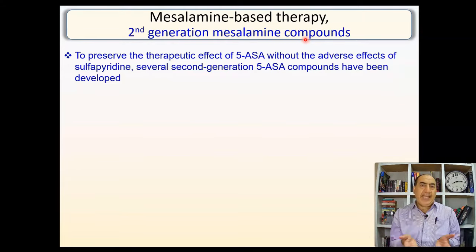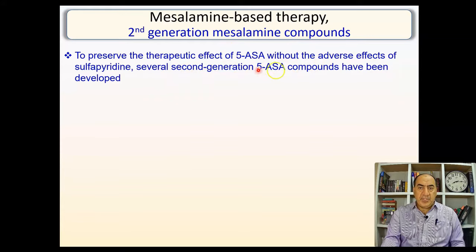That's why the second generation mesalamine compounds came to deal with this issue. Number one, remove the sulfapyridine and replace it with other compounds that are less toxic or have fewer or no side effects. In addition, as you will see with Pentasa, can we cover most of the small intestine along with the colon? We'll see.